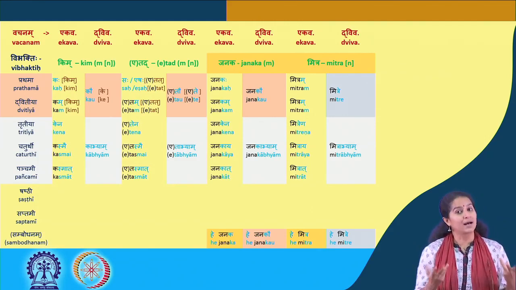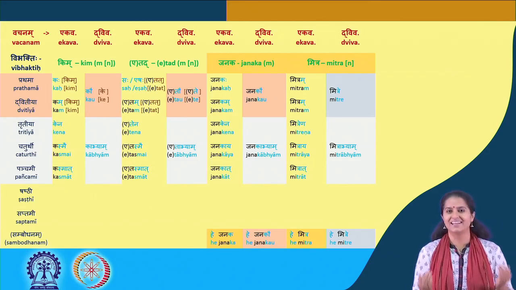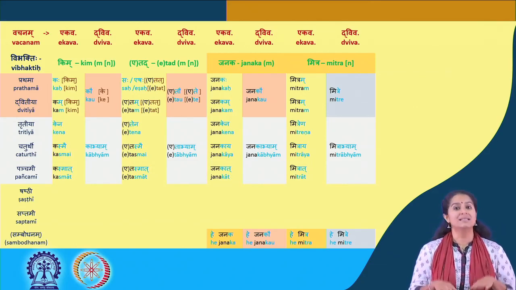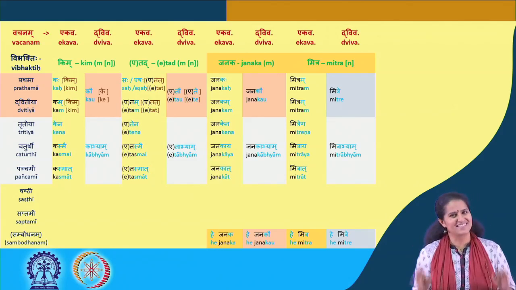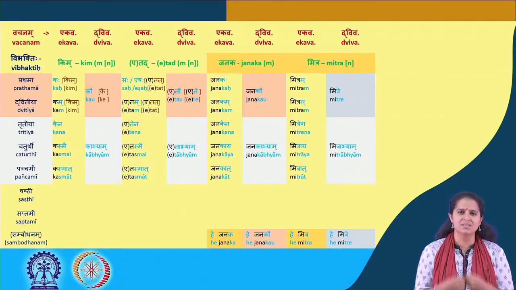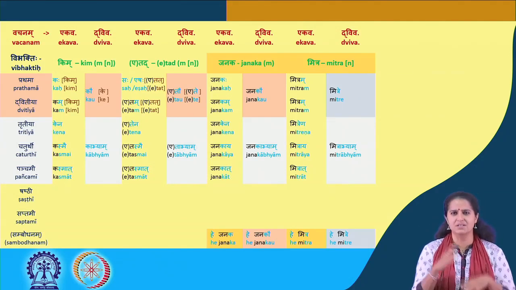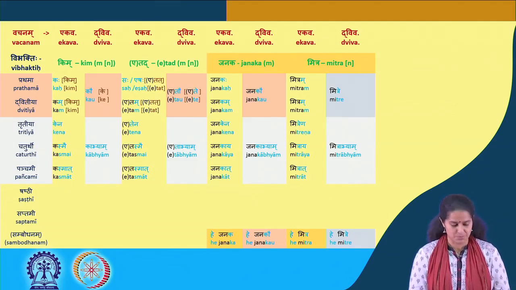Alright. So kaha asti saha janakaha asti. In the dual, kau staha tau janakau staha. Uttamam. So tau and etau, I'll be using only the tau for the moment in order to save on time, but feel free to practice etau as well.